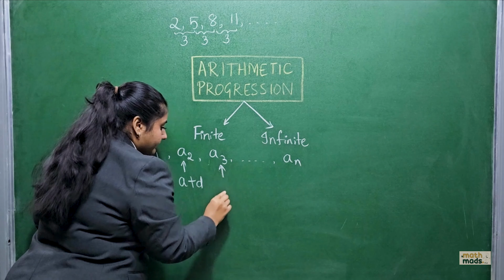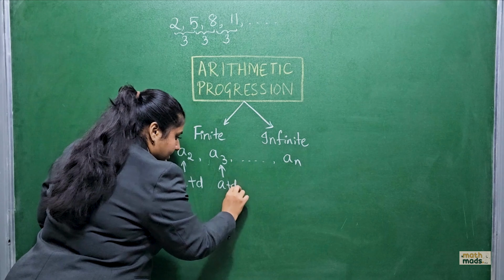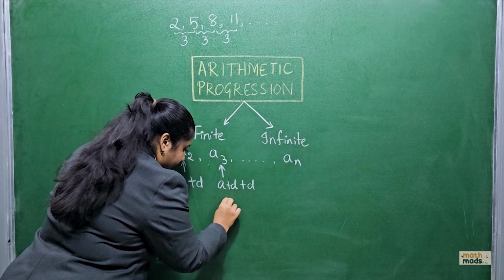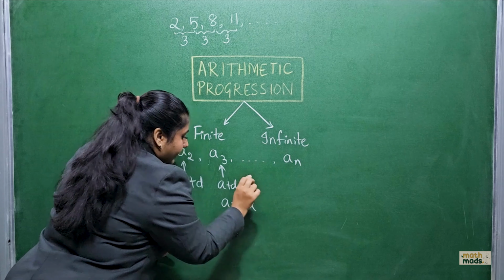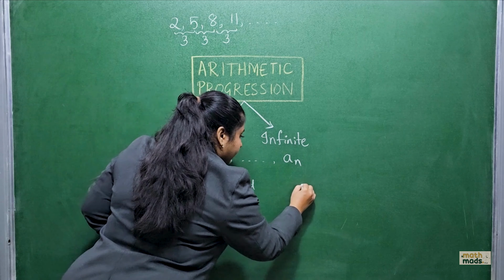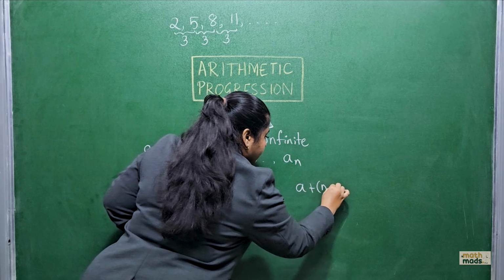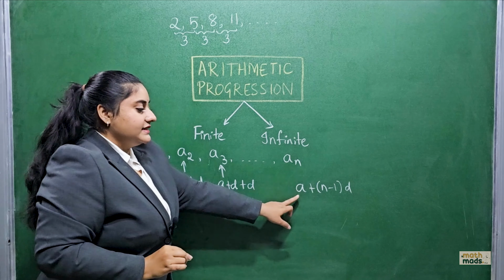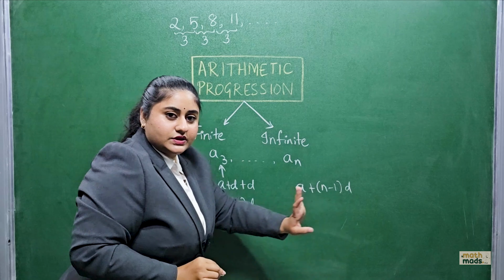Then the third term can be written as the second term, that is a plus d, plus the common difference that is d, which I can write as a plus 2d, and so on. an can be written as a plus n minus 1 into d. So this is my general term: an is equal to a plus n minus 1 into d.